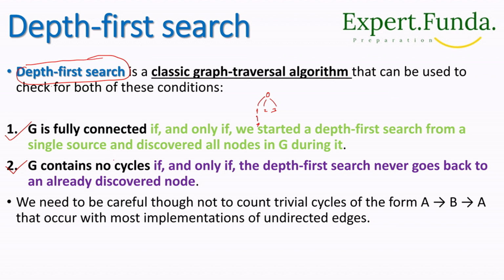With the help of DFS, we pass one single source and discover all the nodes in G, so the DFS traverses all the nodes in the graph.